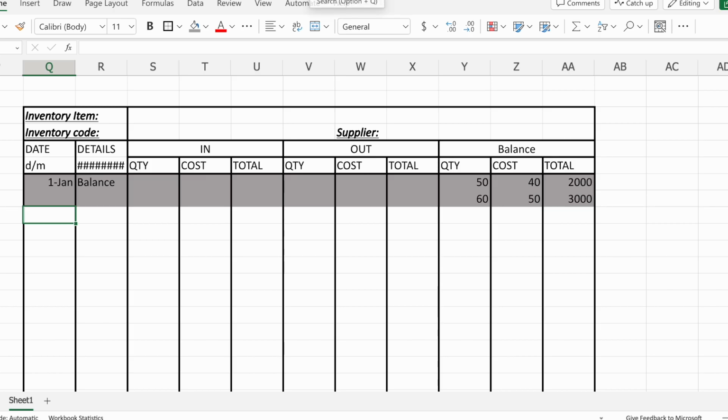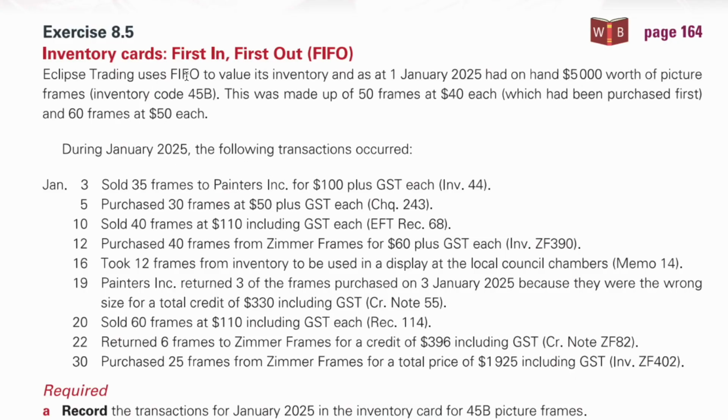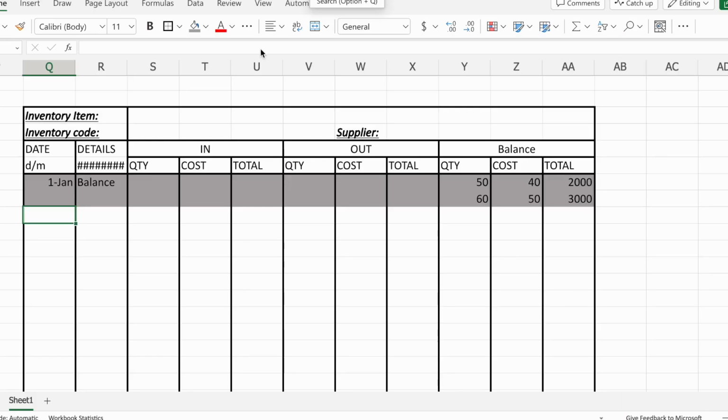So now let's go to Jan the 3rd. So sold 35 frames with invoice 44. So 3rd Jan, and we have our source doc here, which is invoice 44. And now since they sold 35 frames, it went out of the business. $40 each, and 35 times 40, which is 1,400.